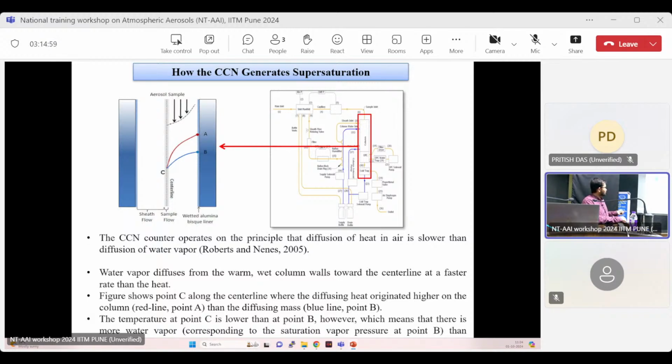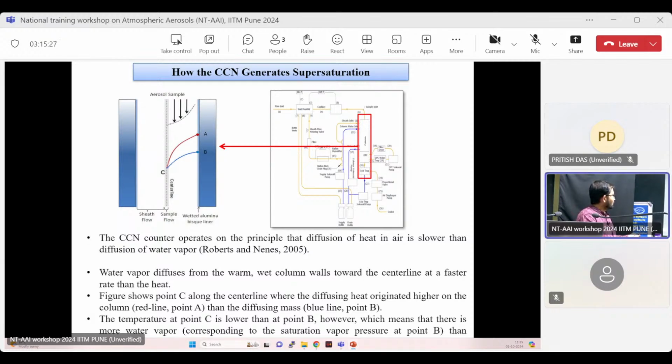Suppose you consider points B and C. The temperature at point B will always be higher than point C because the heat flux is lower than the mass flux. But the mass flux at points B and C will tend to be equal because of the higher extent of flux of water vapor.